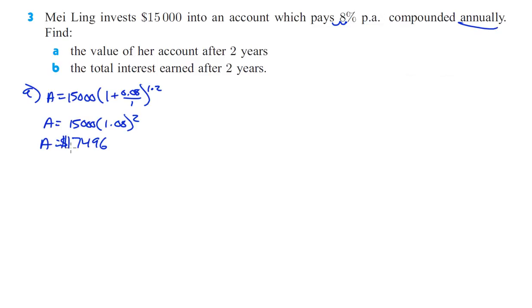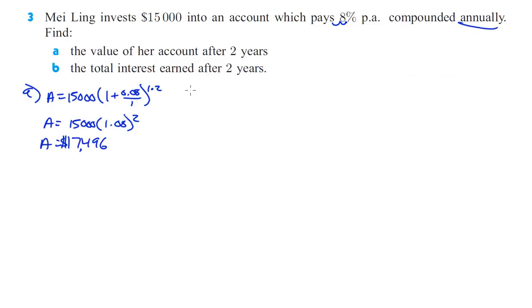Okay, so Mailing ends up with $17,496 after 2 years. So the total interest earned is going to be, so she started off with 15,000, end up with 17,000.